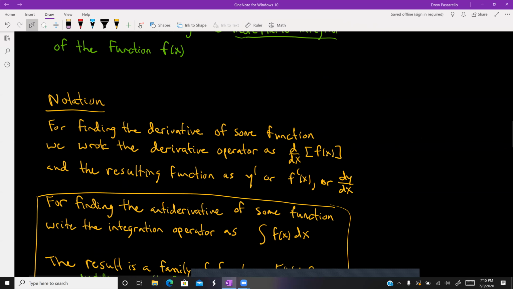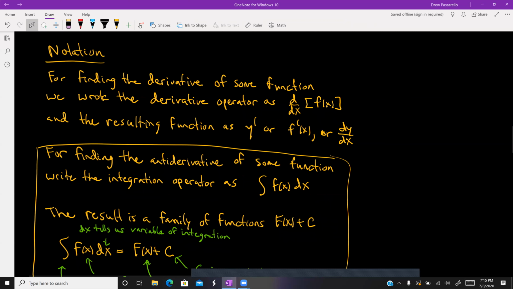Now, notation-wise, recall that when we're finding the derivative of a function, we wrote the derivative operator as d over dx, and then we put in brackets whatever function we're trying to find the derivative of. That was our operator. After we get the derivative, we wrote it as y prime or f prime of x, or sometimes dy dx.